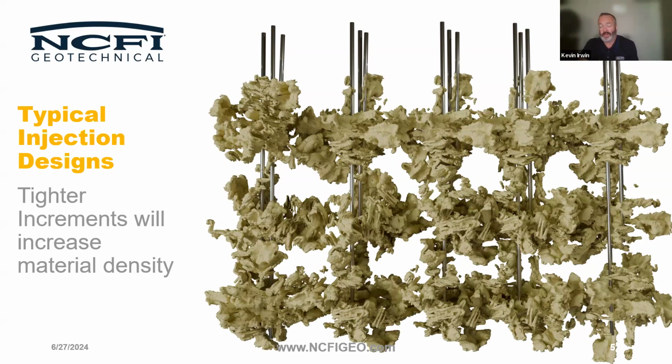So after we inject our first location, the next location, then the third, then the fourth, those start working with each other and against each other to help increase the density of the soil.